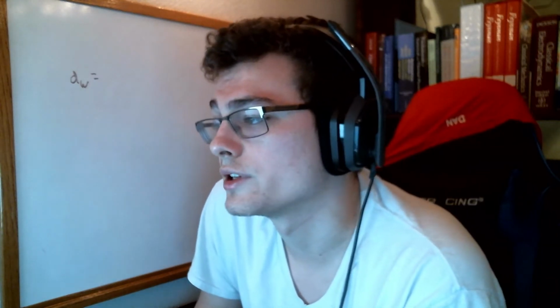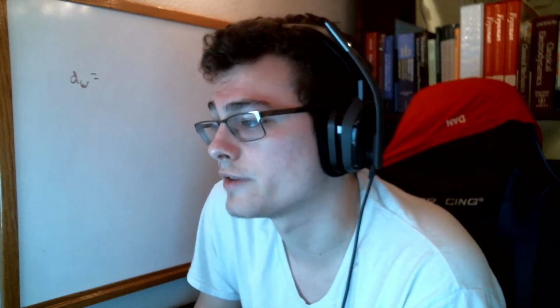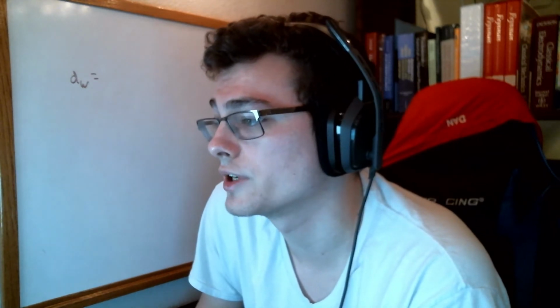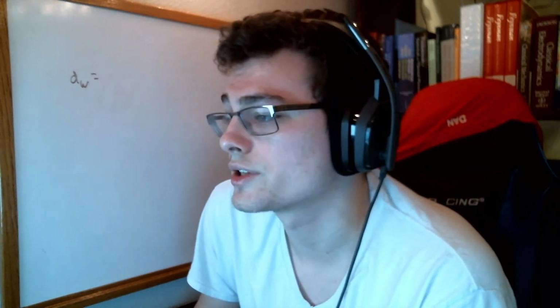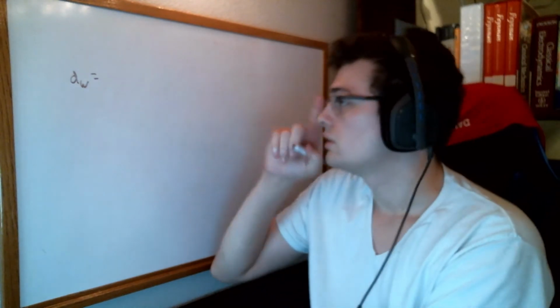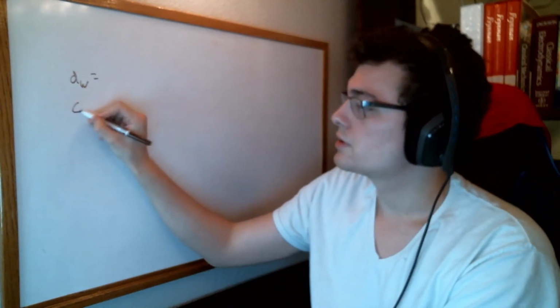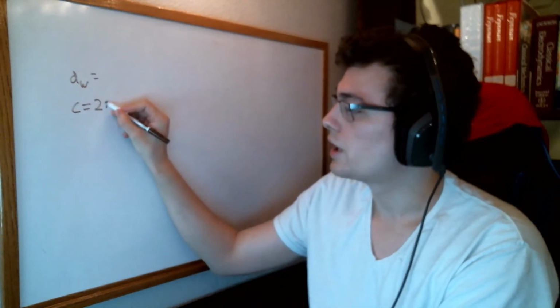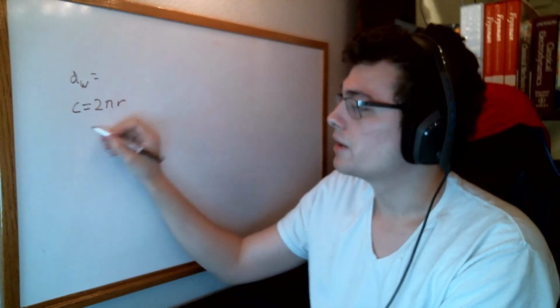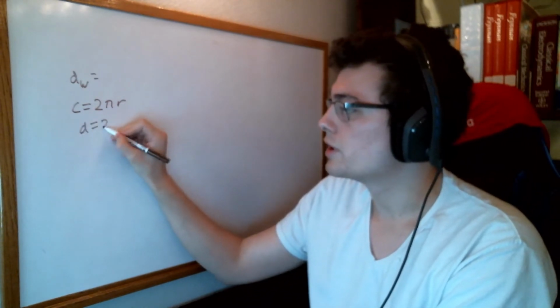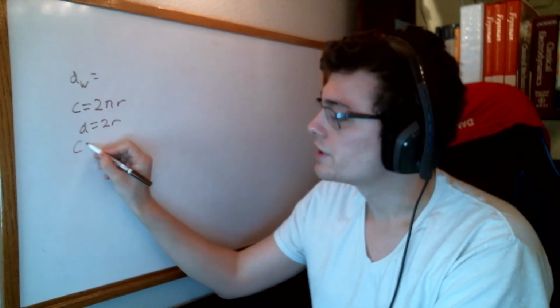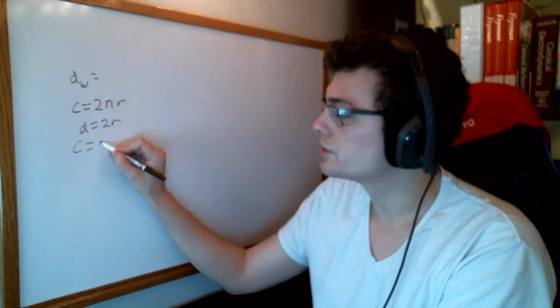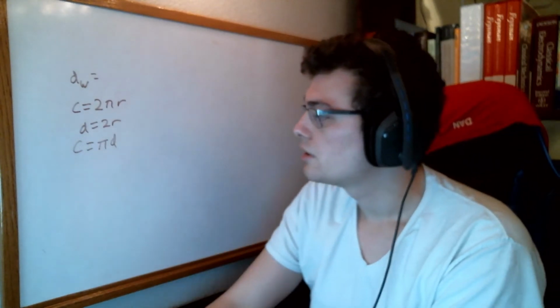So then we ask ourselves how many kilometers should the odometer read, and so in this case we know that the circumference is going to be equal to 2 pi r, but the diameter of a wheel is just going to be equal to 2r. So we can say that the circumference then is just equal to pi times d.